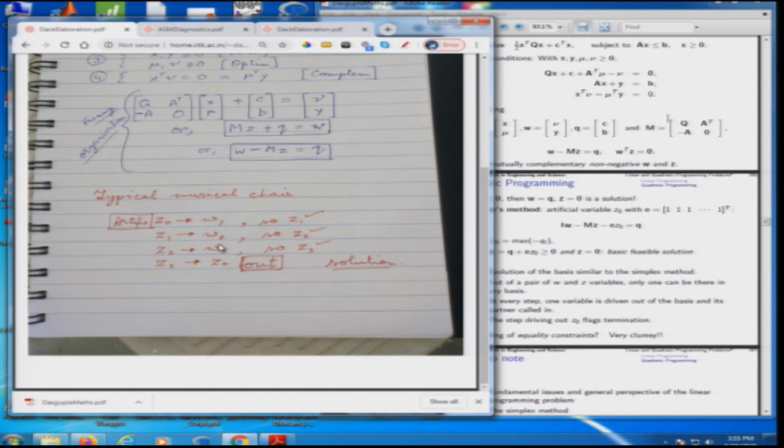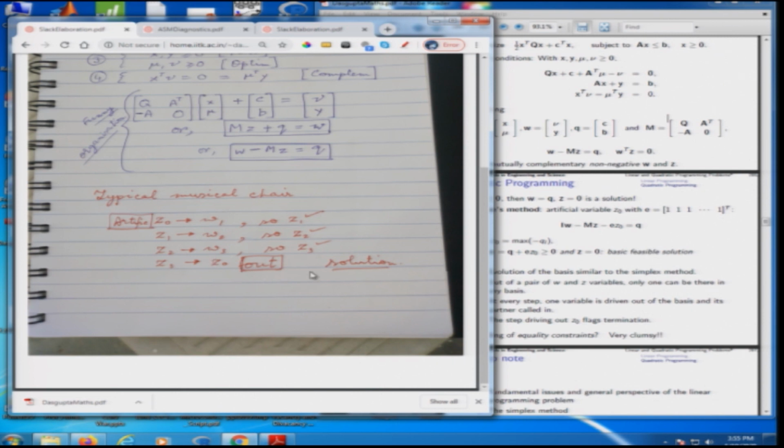Okay. And by that time you had not driven out z 0, z 0 is still in the basis. In that case, that will mean that this problem does not have a solution. Okay. It does not have a feasible optimal solution, this is what it will mean.